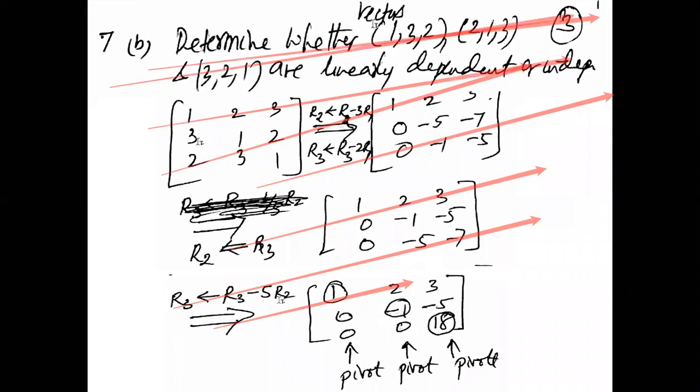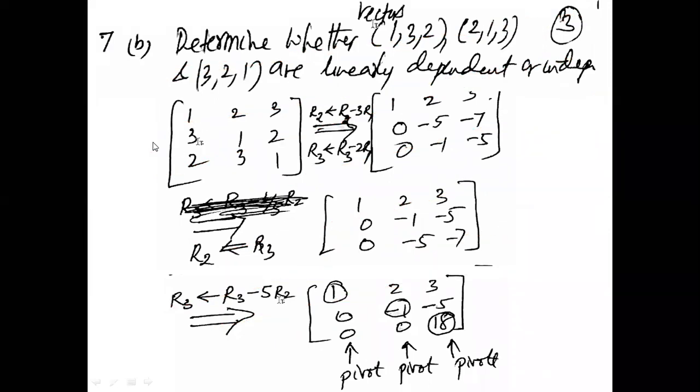So to determine whether these are linearly dependent or independent, we first write the matrix. So the values are given to us 1, 3, 2, 2, 1, 3, and 3, 2, 1. You apply the row operations and convert it into a row reduced echelon form. Please keep in mind, I think some of you had doubt in converting a matrix to row reduced echelon form.